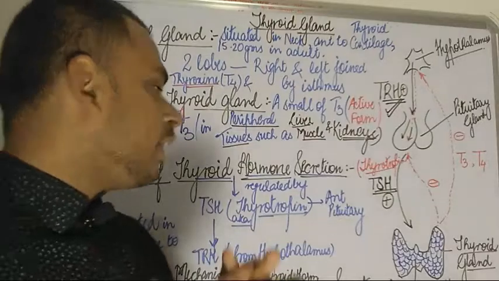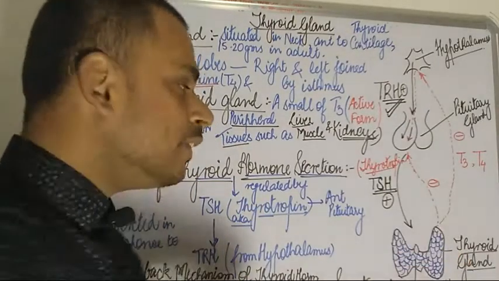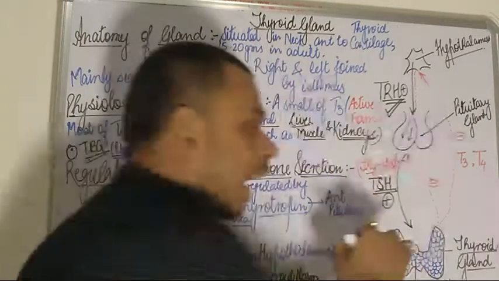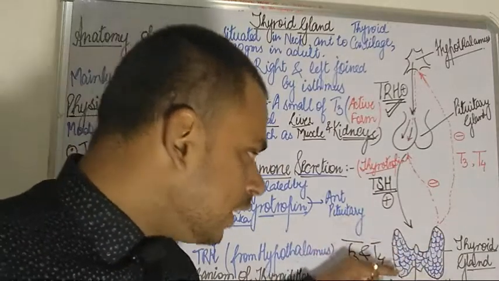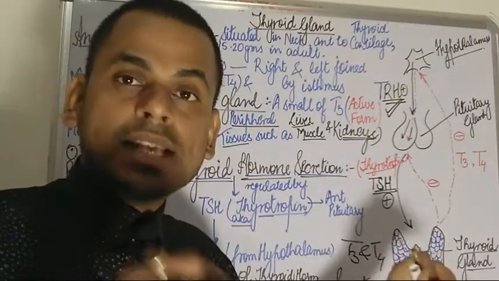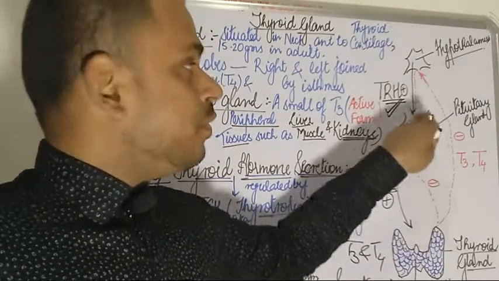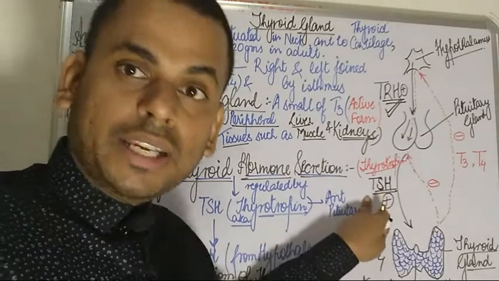Whenever the levels of T3 and T4 are raised in the blood plasma, that acts as a signal to the pituitary gland, and the level of TSH decreases.